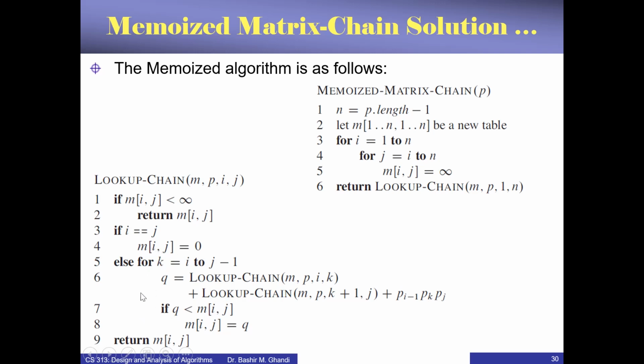So by the end of this loop, we will have updated the value inside m[i,j] with the smallest value obtained from this loop. Having saved it, now return it. This is basically all that the Memoized version of the algorithm involves. It's just a minor modification to the recursive version.